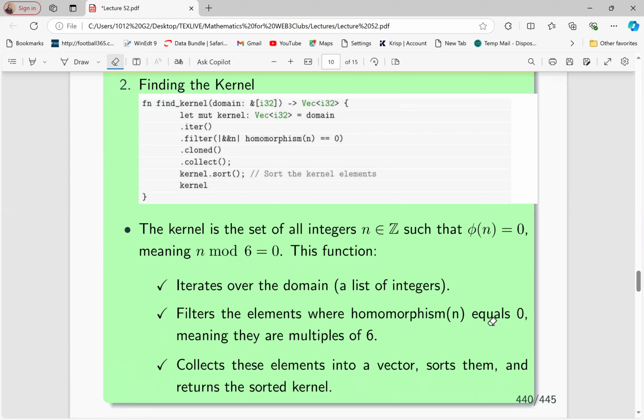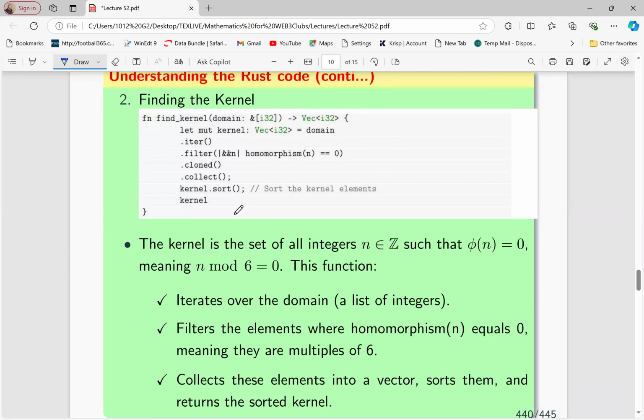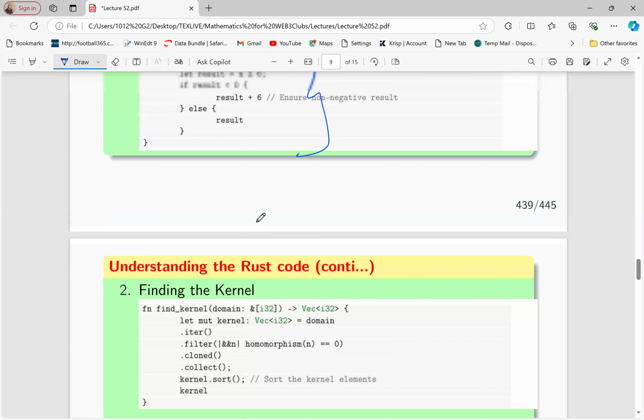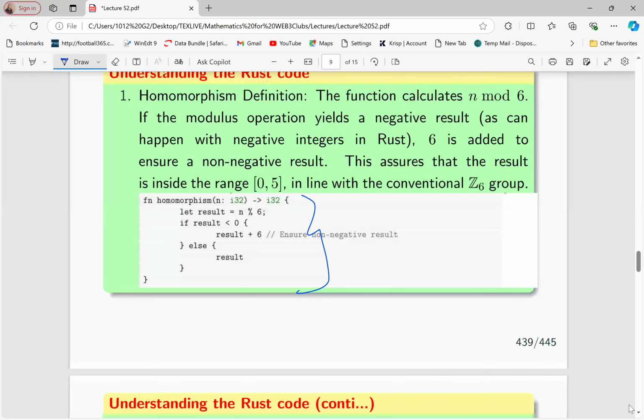It filters the elements where the homomorphism equals 0. So of course, that means it will go back to number 1, check where the elements were giving us 0, then filter. Then it collects these elements.